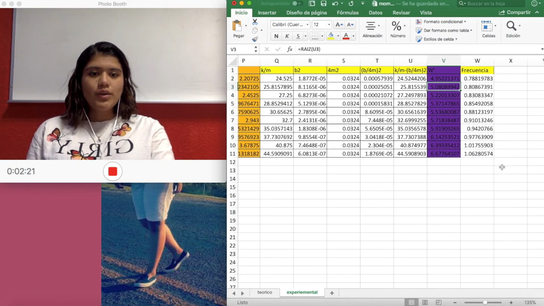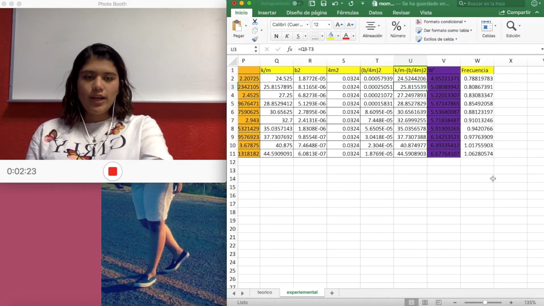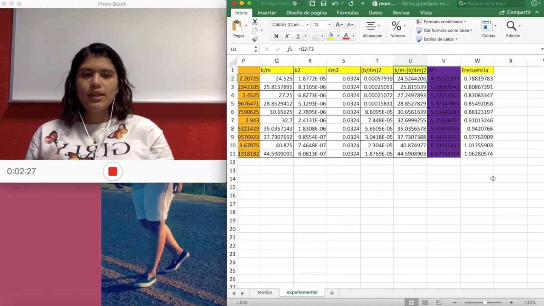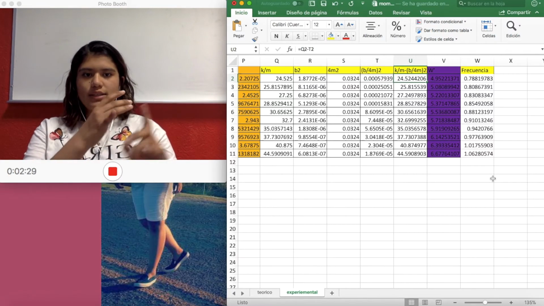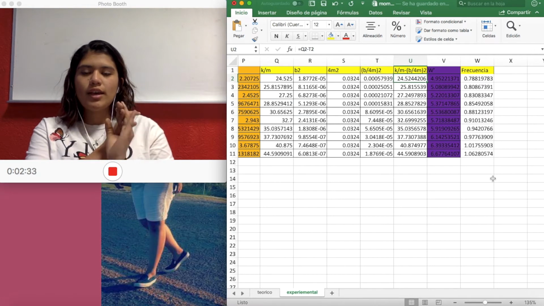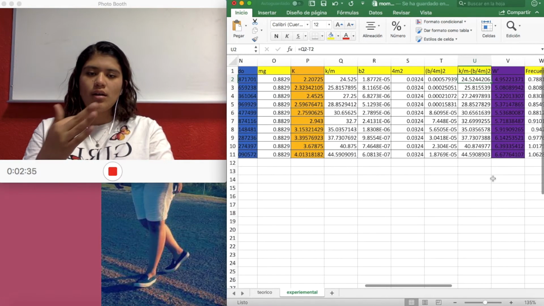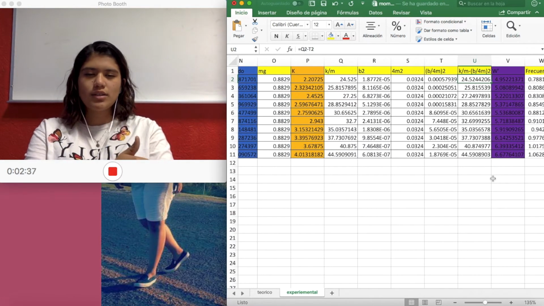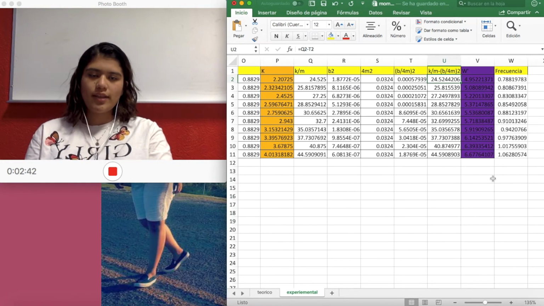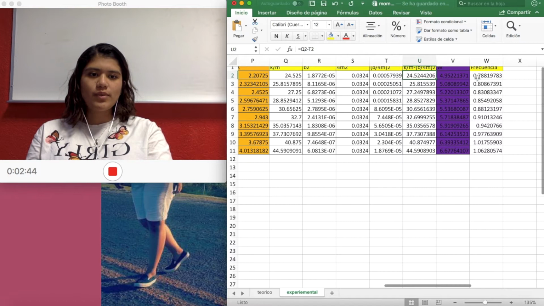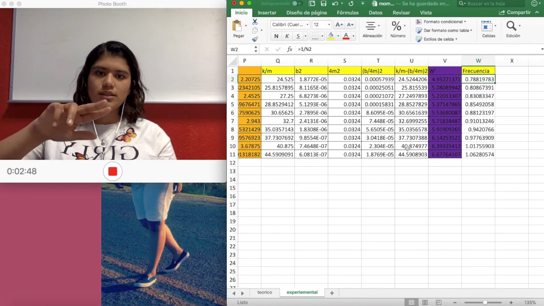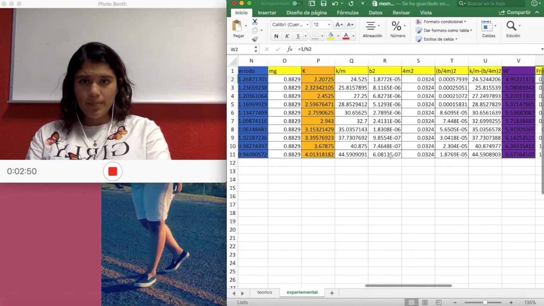The W you can get from a formula that uses the damping, the mass, and the constant of each pendulum, and that's all. And the frequency, as you know, is the inverse of the period.